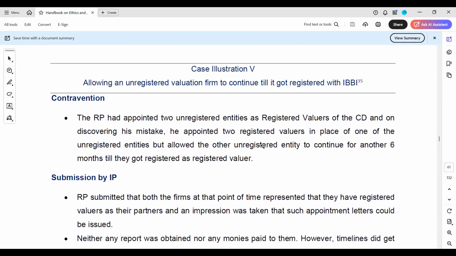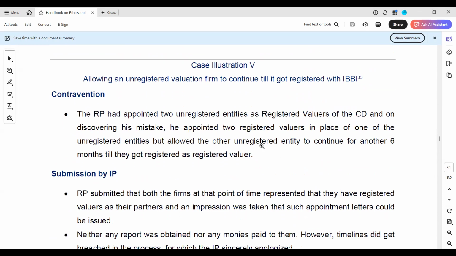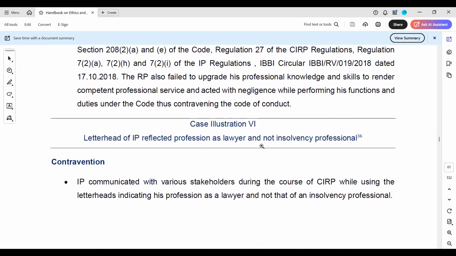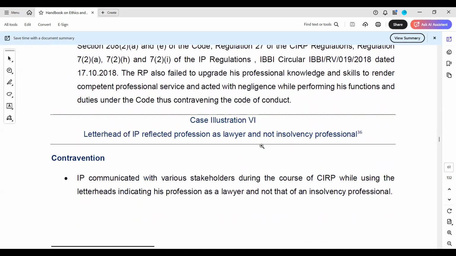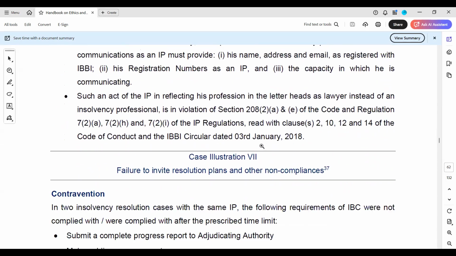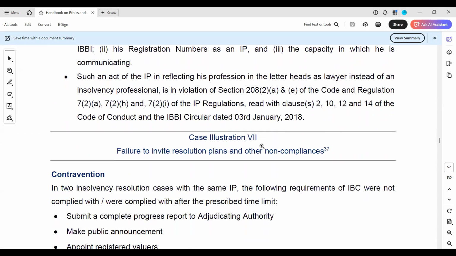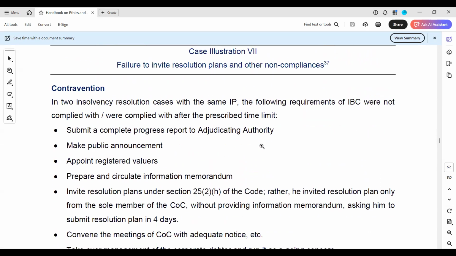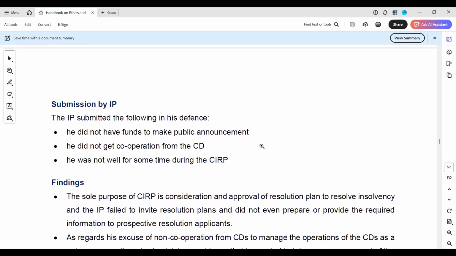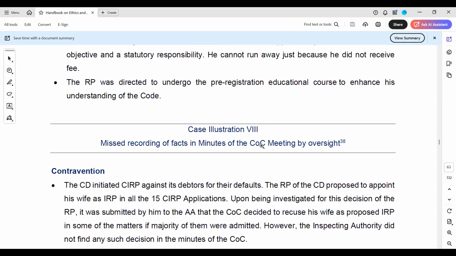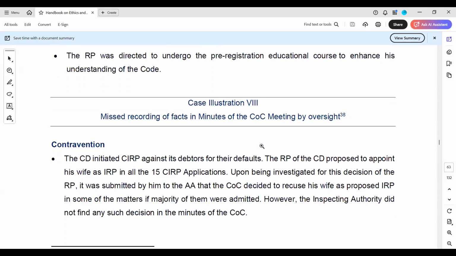Allowing an unregistered valuation firm to continue until it got registered with IBBI. Letterhead of IP reflected profession as lawyer and not insolvency professional. Failure to invite resolution plans and other non-compliances. Missed recording of facts in minutes of meeting by oversight.